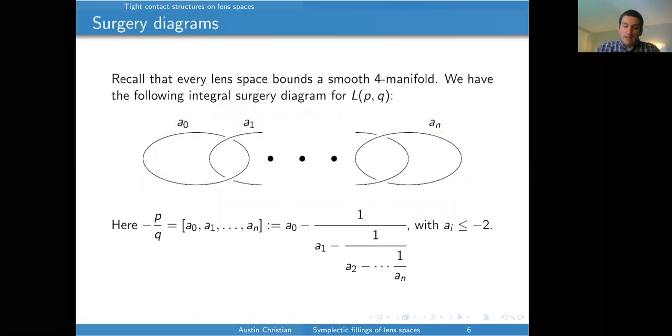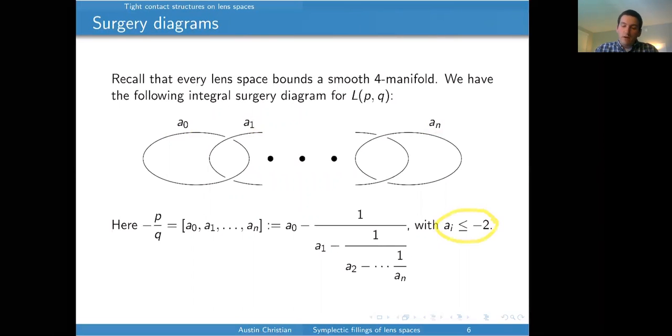And these framings are obtained via this sort of backwards continued fraction, backwards just because we're using minus signs, I guess. So you write out -P/Q equals this. There's a unique way to write this continued fraction that has all of these framings less than or equal to -2. And then those are your framings. You can attach two-handles and you have a Lens space. So that's how we'll think of Lens spaces today.